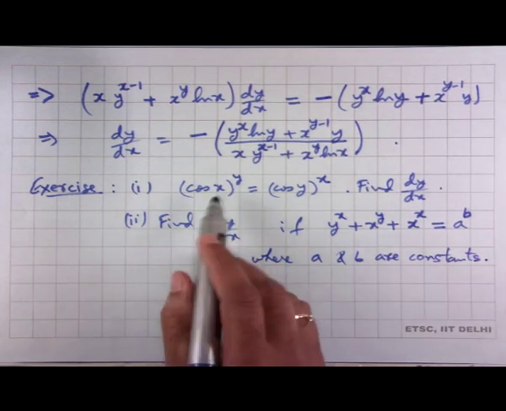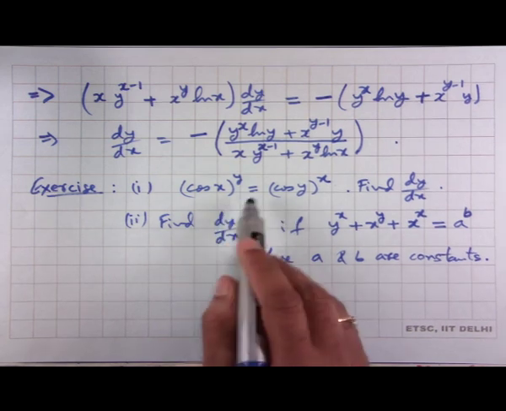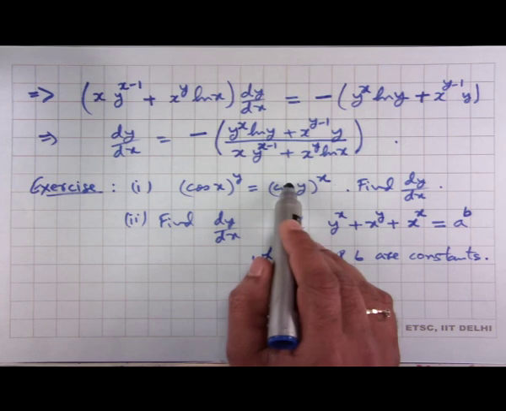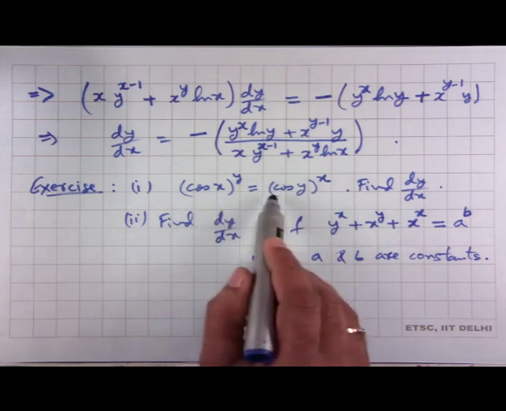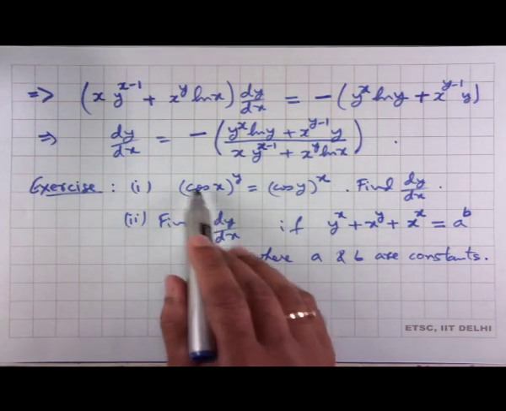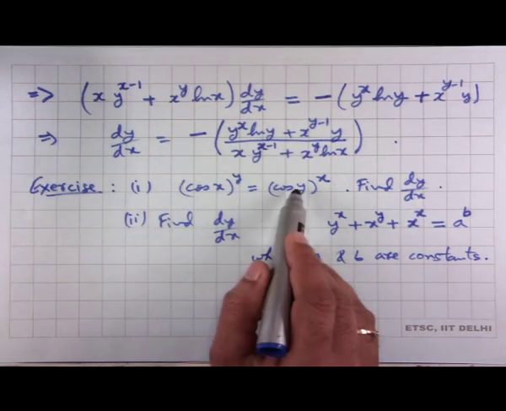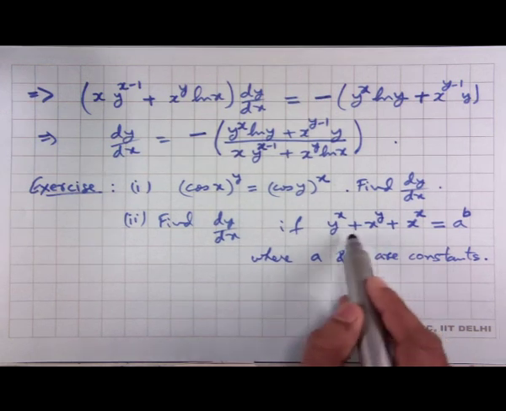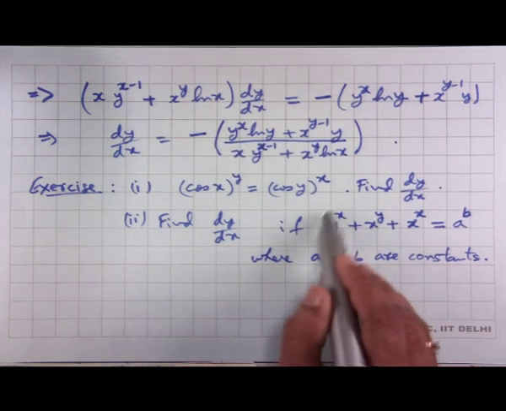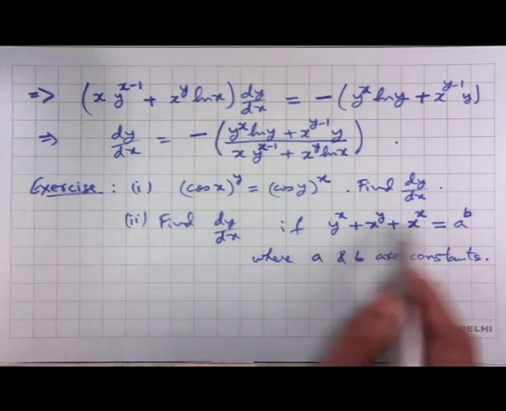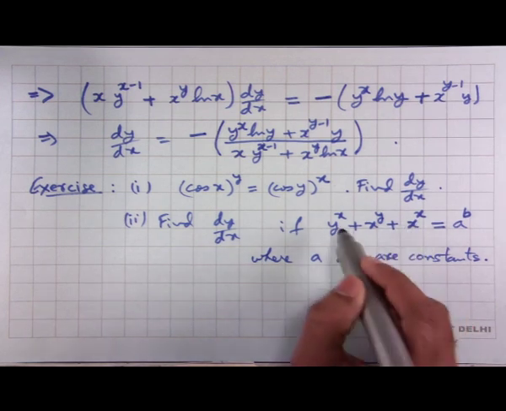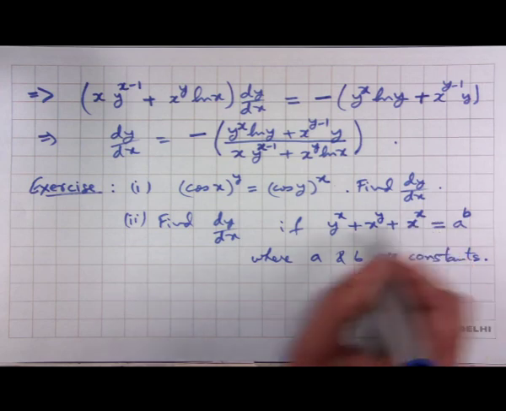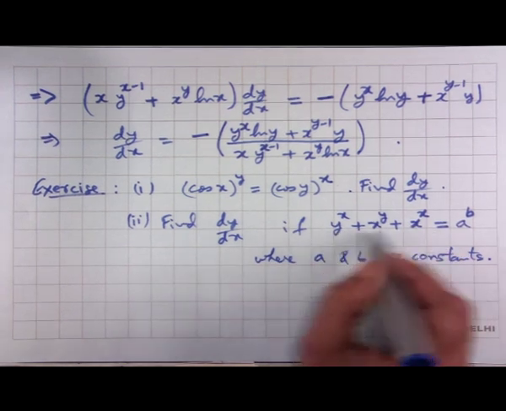Right. So, both these you can do in a similar way. You let this be u, this be v, then you calculate. Here you can even directly take logarithm on both sides and then differentiate. But in the second example you can take these three terms to be u, v and w and find du/dx, dv/dx and dw/dx, and then we know that the sum is a constant.